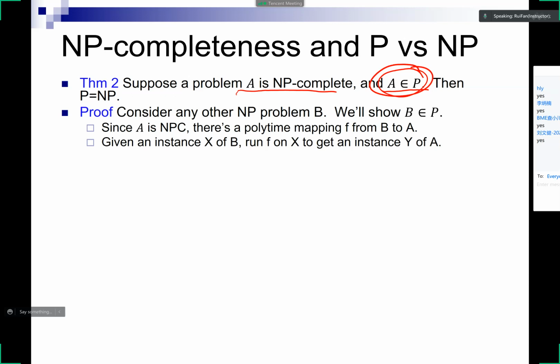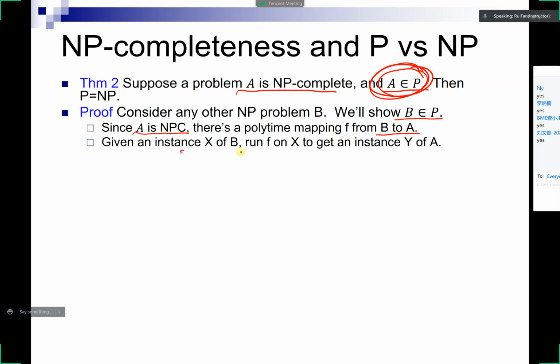And so the proof of this fact is that if you take any other NP problem B, then if A is in P, we can show that B, which is any other NP problem, is also in P. The reason is that because A is NP complete, there's a polynomial time reduction from B to A. That's the definition of A being NP complete.